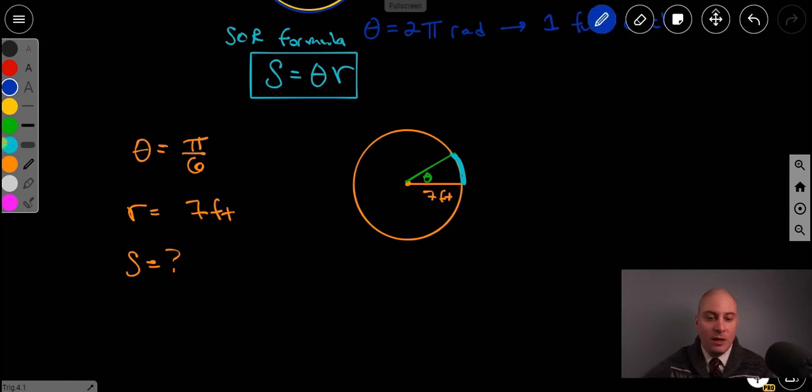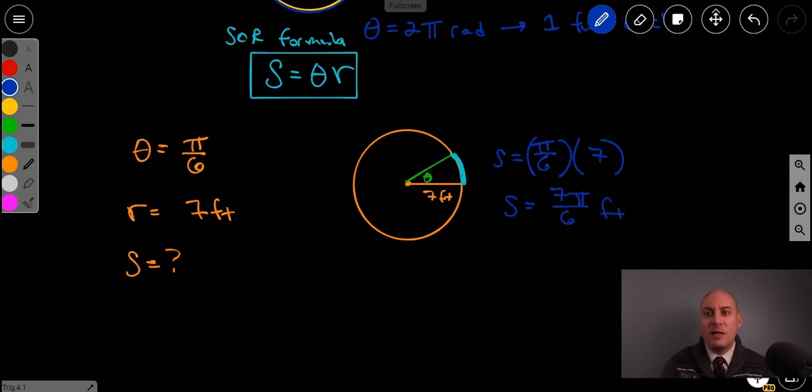S is equal to theta, which is pi over 6, times the radius, which is 7. You just do the math, and typically you'd leave these things in terms of pi. So I'll write 7 pi over 6 feet. It retains the same units as the radius. So the arc length is this.